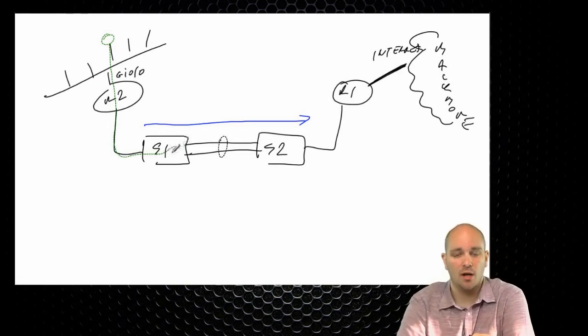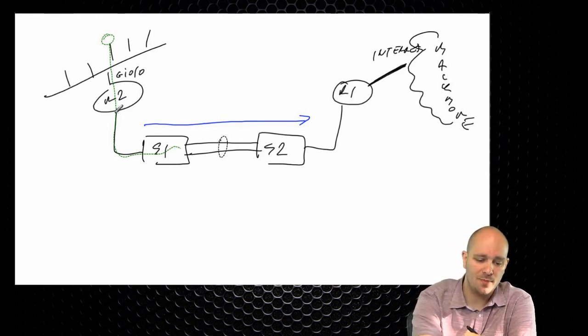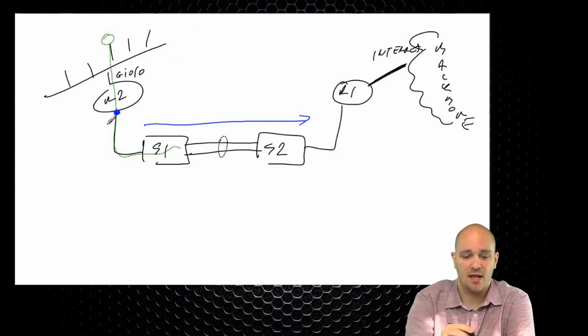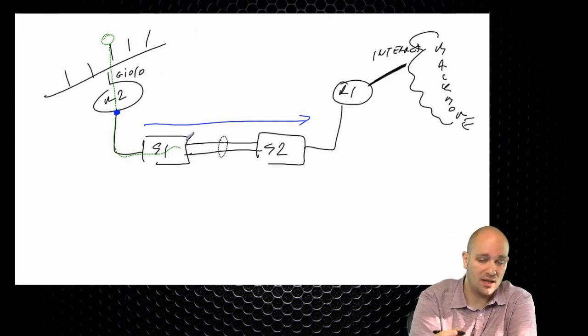Now, switch 1 needs to sort this traffic based on the source MAC address. So what is the source MAC address of this traffic? It's not the host. The source MAC address will be the MAC address of R2's interface, which means that this traffic gets sorted onto link number 1.